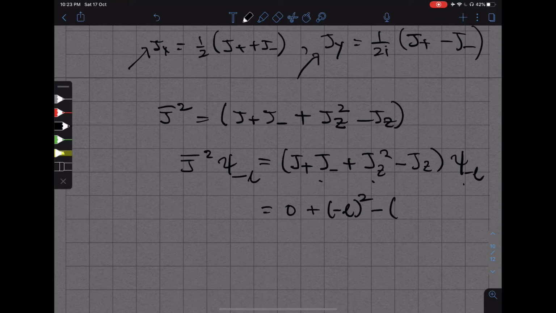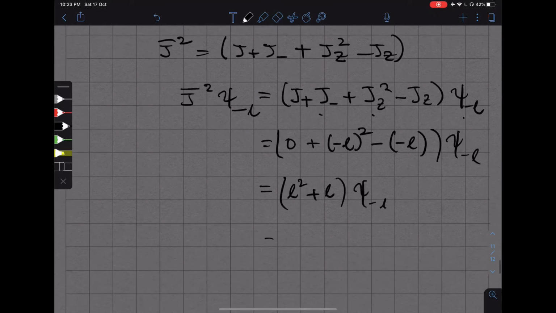And this term will give me plus L. So in other words, I get L squared plus L, and of course, this is multiplied by psi of minus L. And therefore, I get L times L plus 1. So the J squared eigenvalue is L times L plus 1.